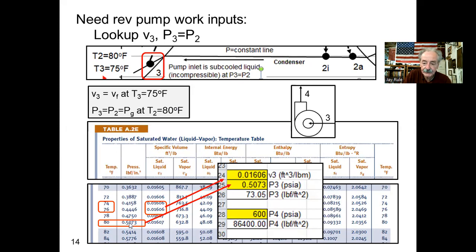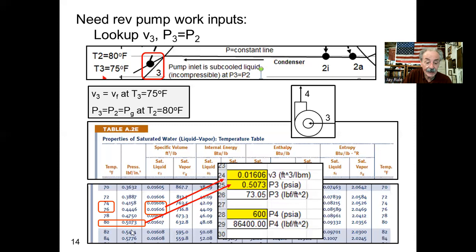The saturation pressure is 0.5073 pounds per square inch. And so here's my condenser process. It goes over constant pressure and temperature until it becomes saturated liquid, and then cooling, it continues in the condenser to subcool the liquid. This is a constant pressure process 2A to 3.